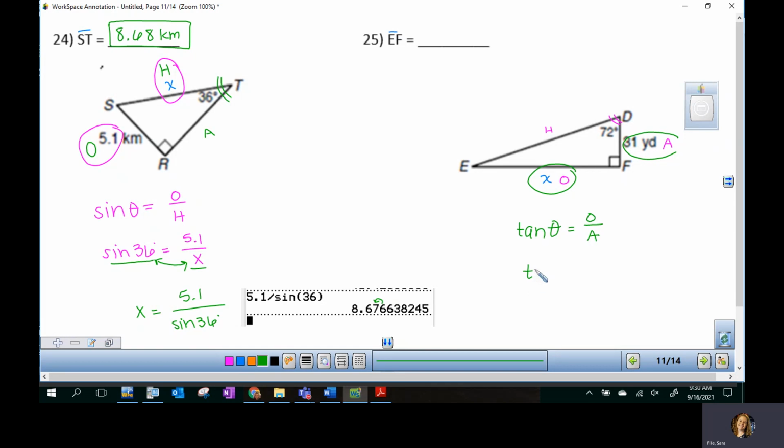When you plug in your known values, the angle is 72. Opposite is the unknown. 31 is known. So this time we're missing the numerator. When the denominator was missing, we ended up dividing. When the numerator is missing, we multiply. You're just multiplying that 31 over to the other side. So 31 times tangent of 72.